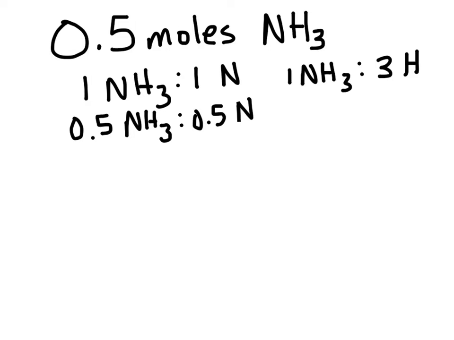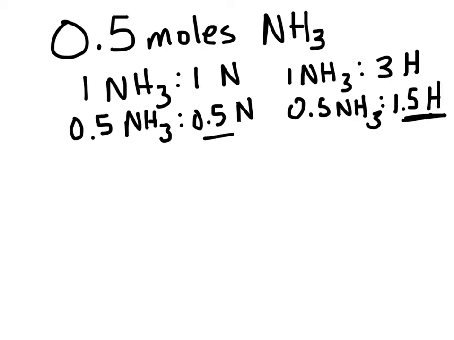For hydrogen, for every 0.5 moles of NH3, I would have 1.5 moles of hydrogen, which is triple. Okay, so these would be the number of moles of each that I would have.